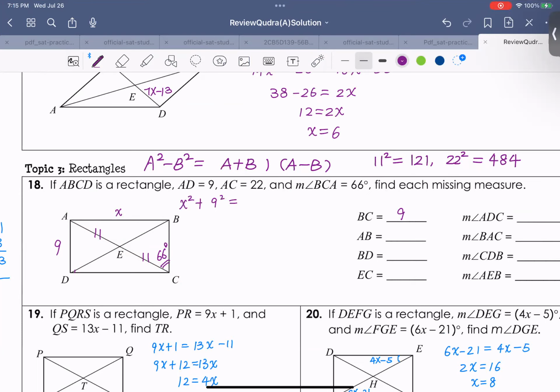Yeah, 22, correct? This equals 22 squared. So x squared will be 22 squared minus 9 squared. 22 squared is how much? 484. Good. Minus 81. So x squared becomes 403.